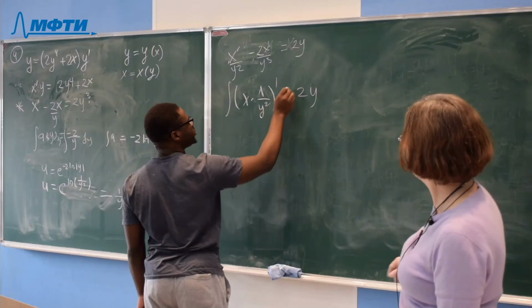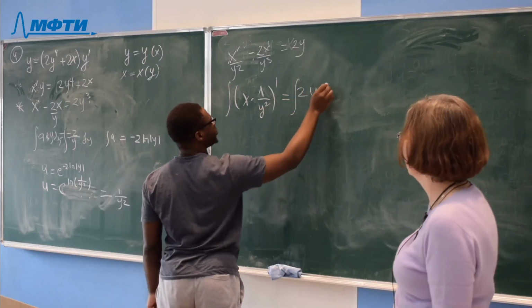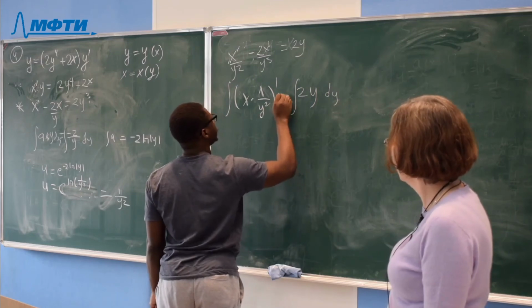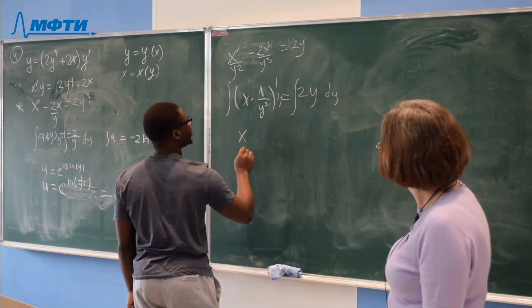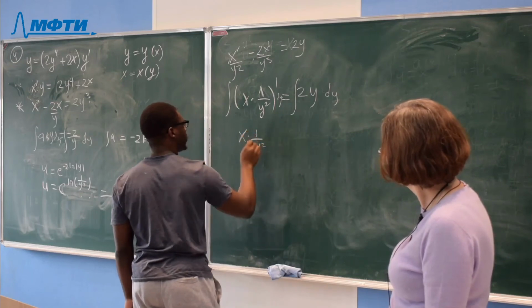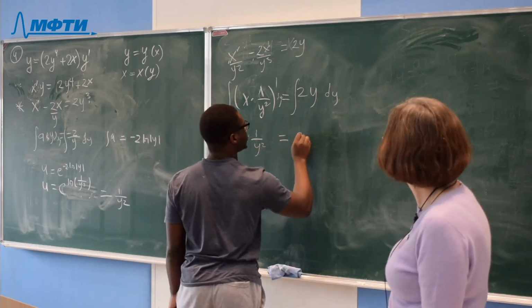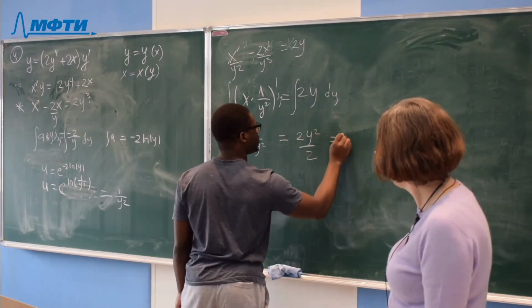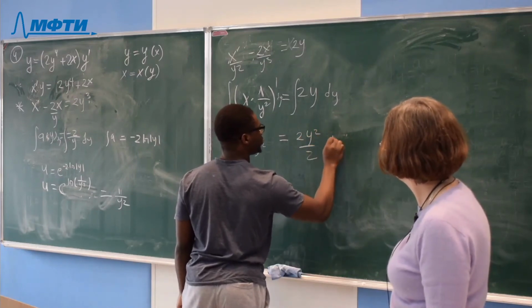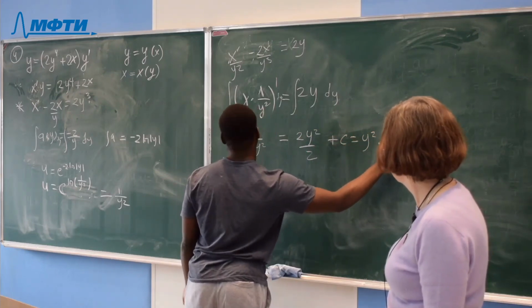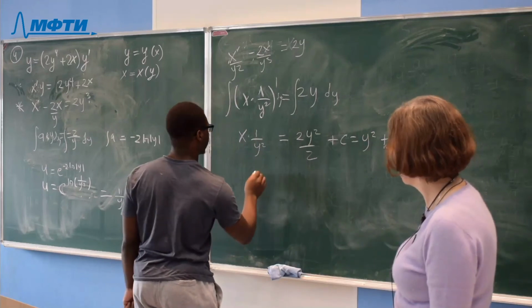Then integrate both parts, right? dy, plus c. y squared plus c, correct, and then multiply by y squared.